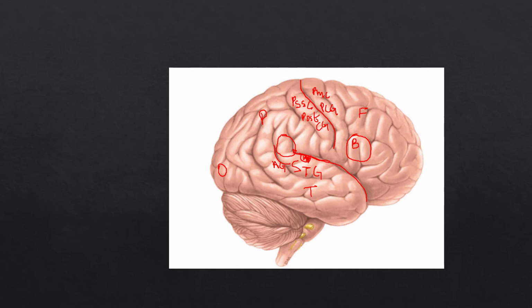The supramarginal cortex and the angular gyrus are believed to perform complex perceptual discrimination and integration related functions. So these are the main functional areas that we would want you to know. And then you have the cerebellum here. The cerebellum is responsible for coordination of movements.